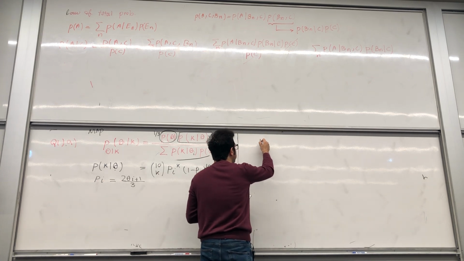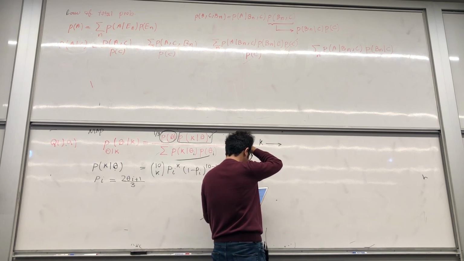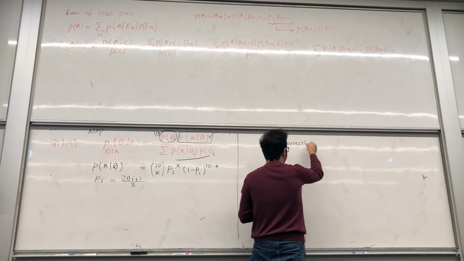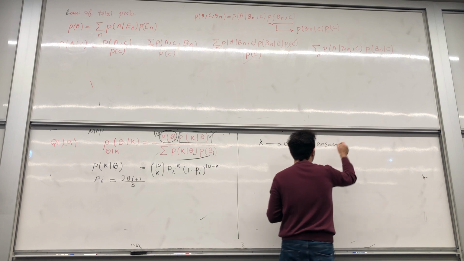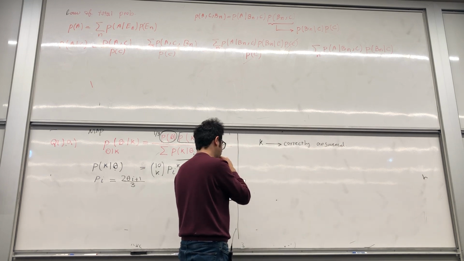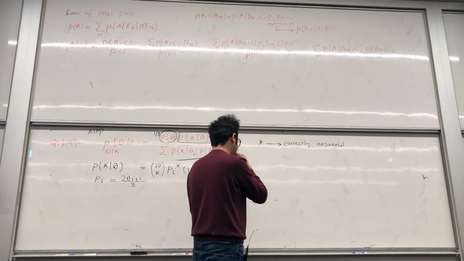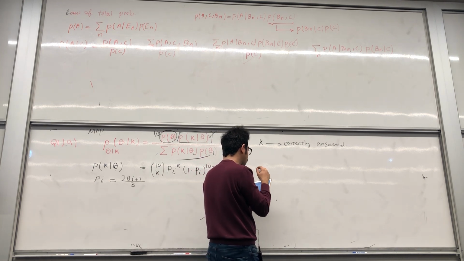So I know K, the number of correct answers, and also the type of the student.